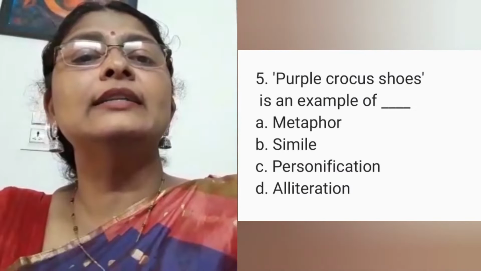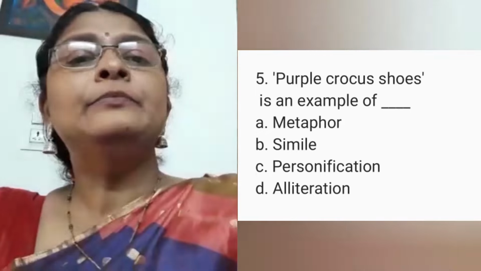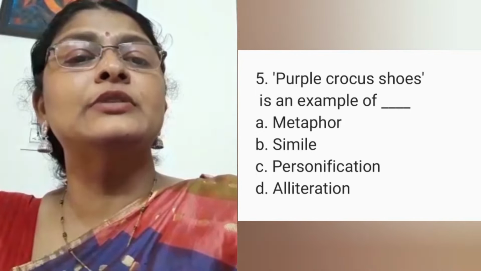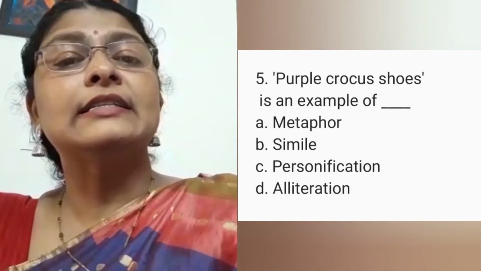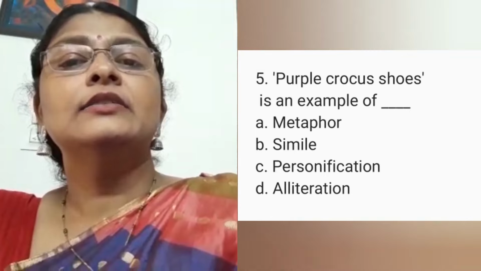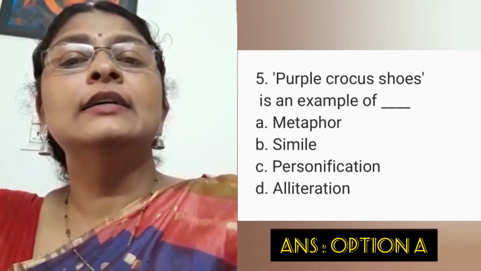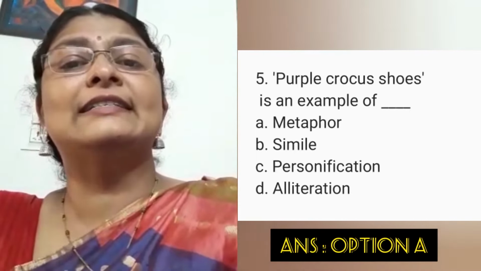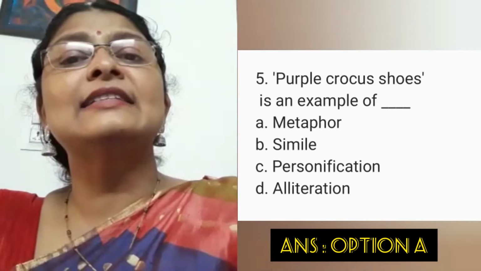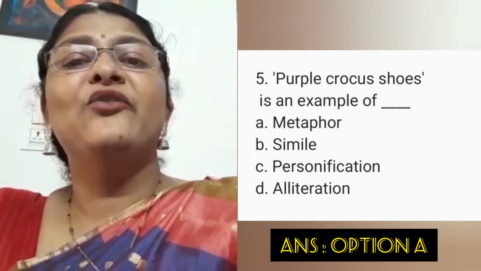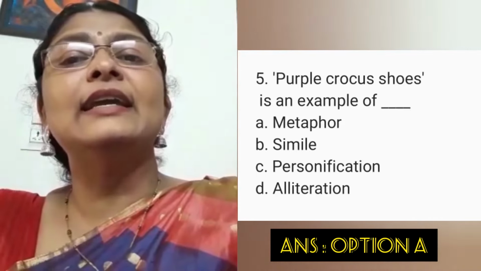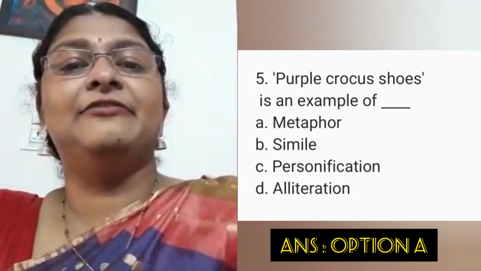Here, the poet is not saying it is like purple shoes, but he is saying it is purple crocus shoes. Metaphor is somewhat like simile, but in simile you are comparing something to something else, whereas in metaphor you are saying that something is something else itself.